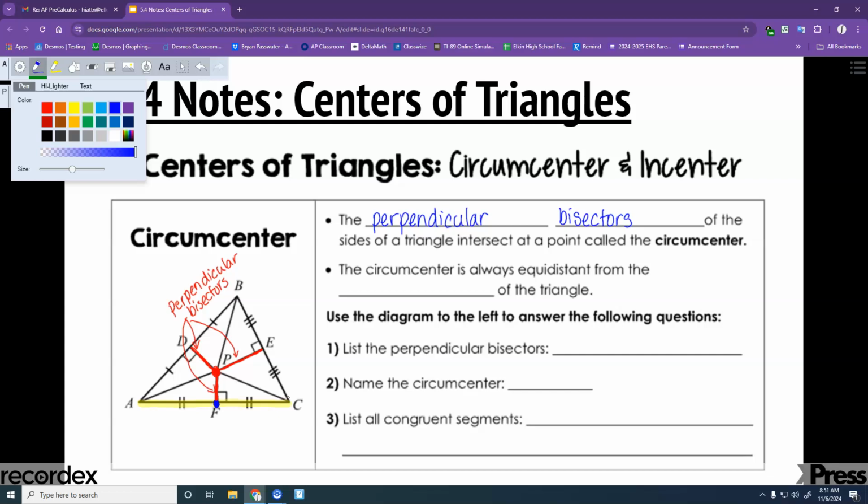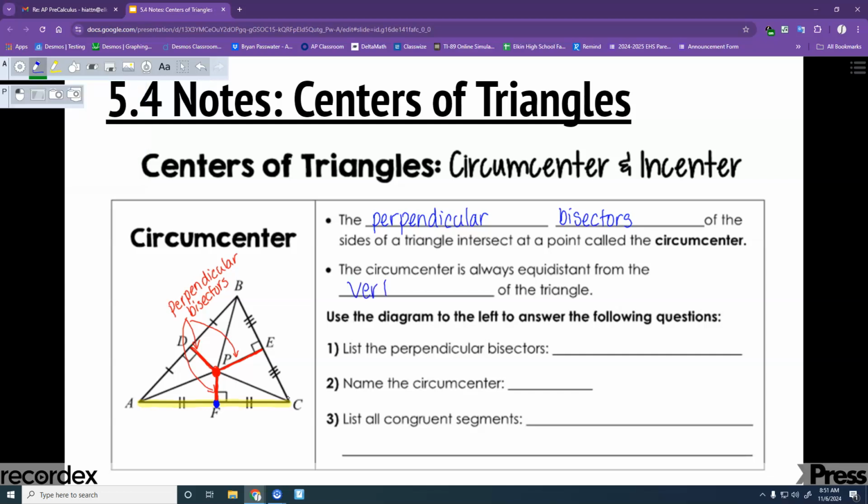The circumcenter has some very specific properties about it. The circumcenter is always equidistant from the vertices of the triangle. Okay? What are the vertices of this triangle?